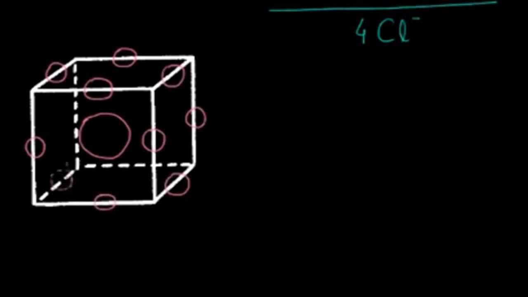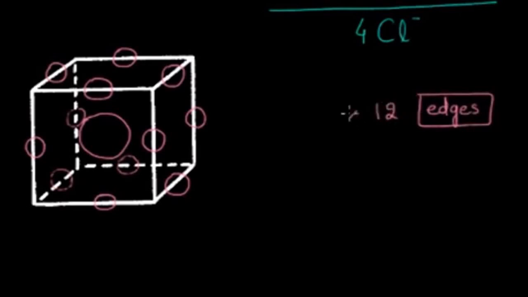So we can calculate the sodium ions in this way. We have 12 edges. I have drawn all the sodium ions present at the edges, and one is present at the center of this cube unit cell. First we will calculate the total number of sodium ions present at the edges. We have 12 edges, and I will repeat this again, each sodium ion present at an edge is shared among 4 unit cells.